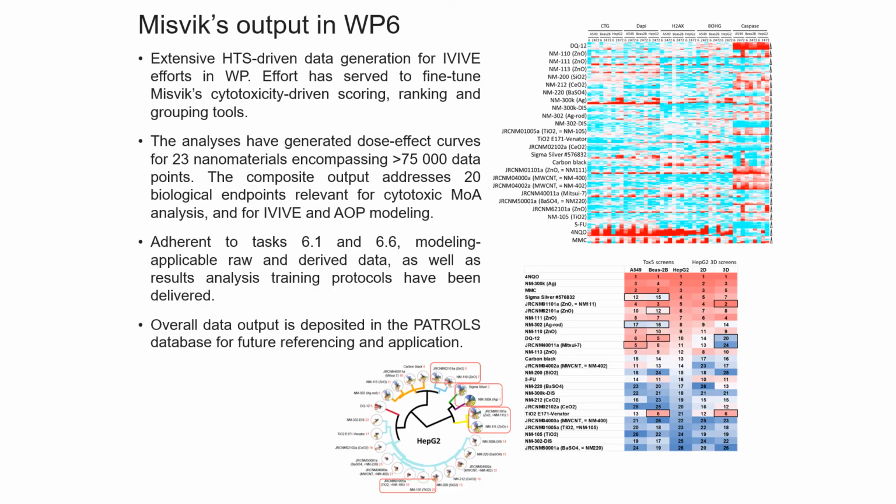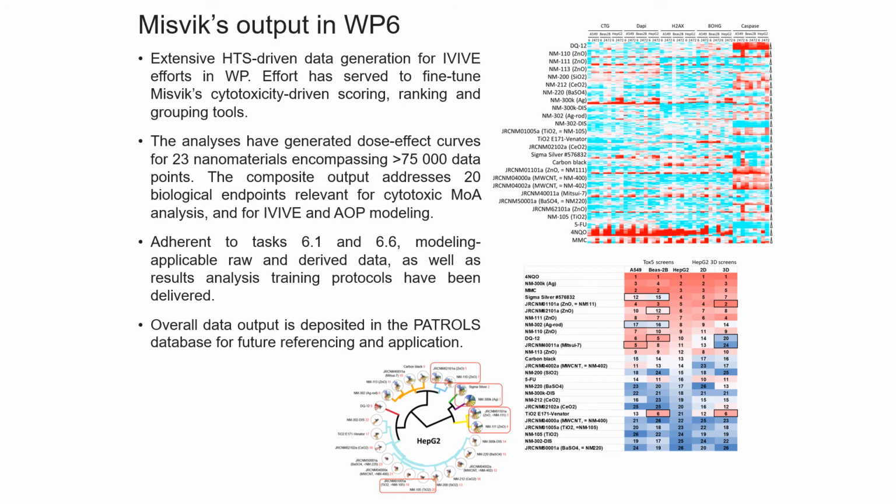So finally, as I explained in the QSAR, we are able to do all this analysis thanks to the high throughput screening that MISVIC has done to generate a dose effect curve for 23 nanomaterials encompassing over 75,000 data points.